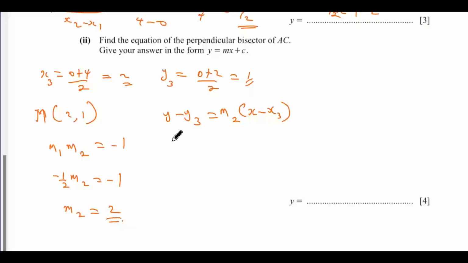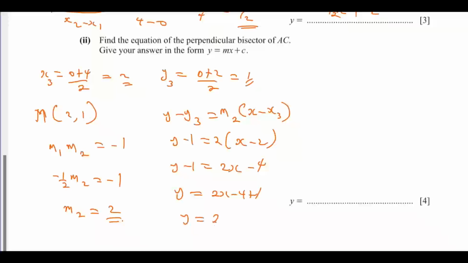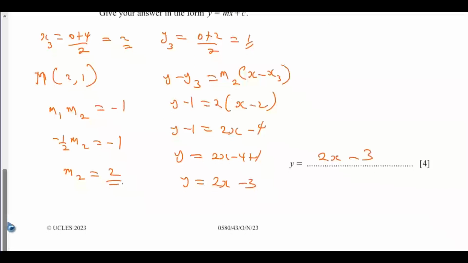So we have y minus 1 equals 2 into x minus 2. So y minus 1 equals 2x minus 4. If you rearrange, you have y equals 2x minus 4 plus 1, y equals 2x minus 3. So that is what you get there.